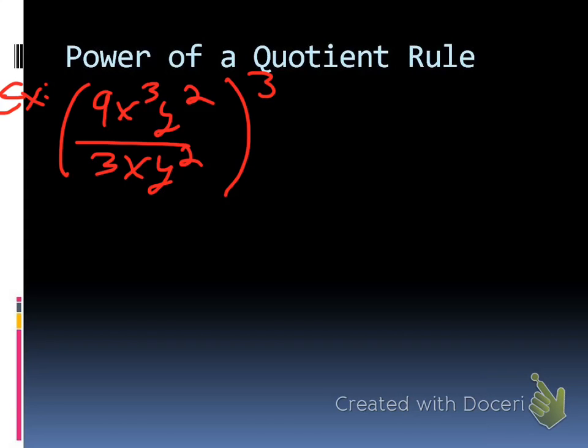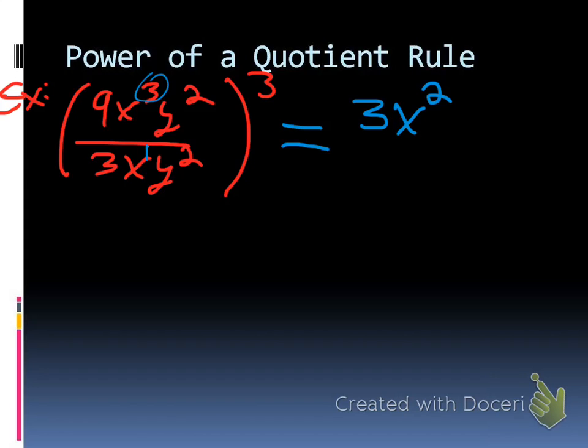It looks like I've got a y squared over a y. Well, let's be careful here. Let's start with 9 divided by 3. 9 over 3 is 3, so I've got a 3 in the numerator. Then x cubed over x to the 1, which we don't really write, is going to be x squared, right? 3 minus 1.